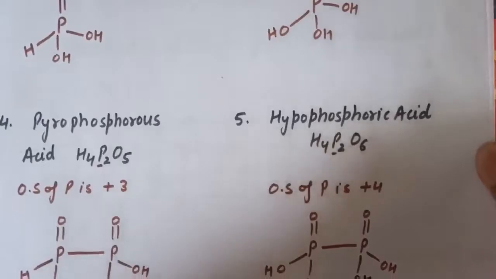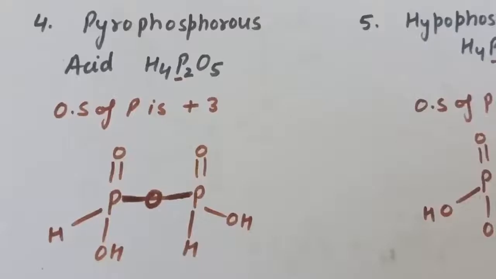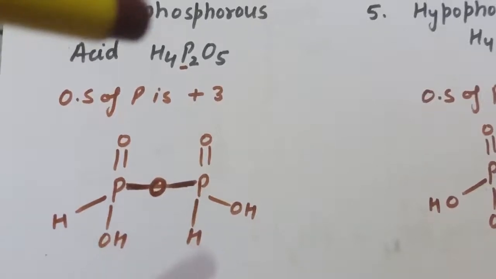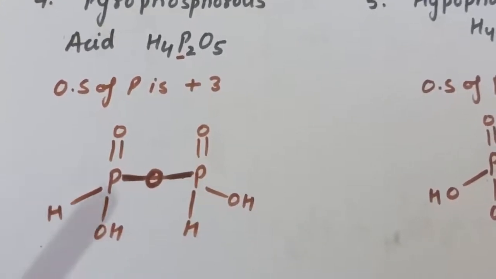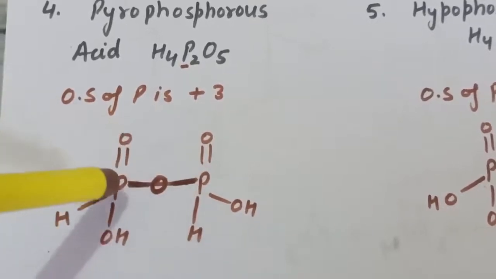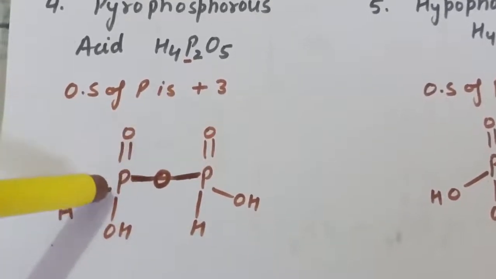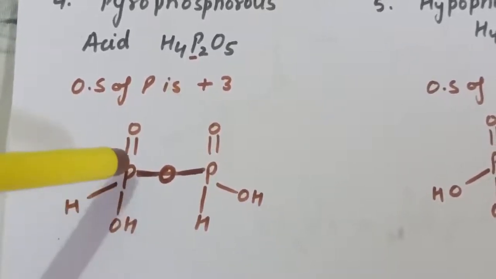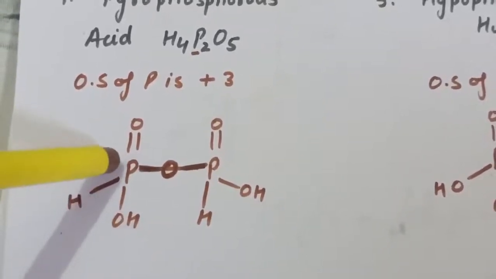Now the next structure is pyrophosphorus acid, and the formula is H4P2O5. In this we have two phosphorus atoms. This phosphorus is attached to oxygen via a double bond, and one OH is attached to it, and one phosphorus-hydrogen bond is there.